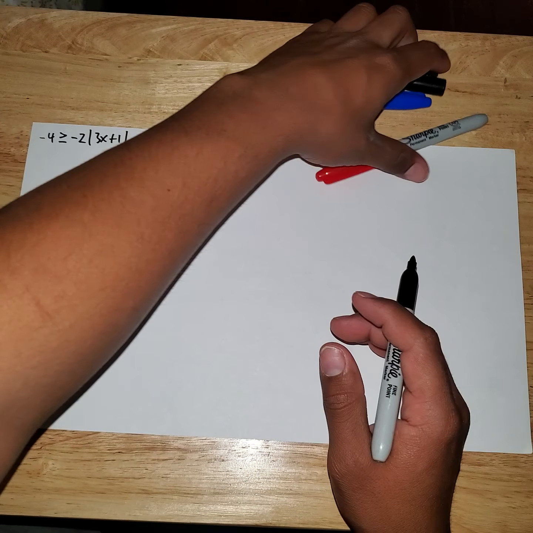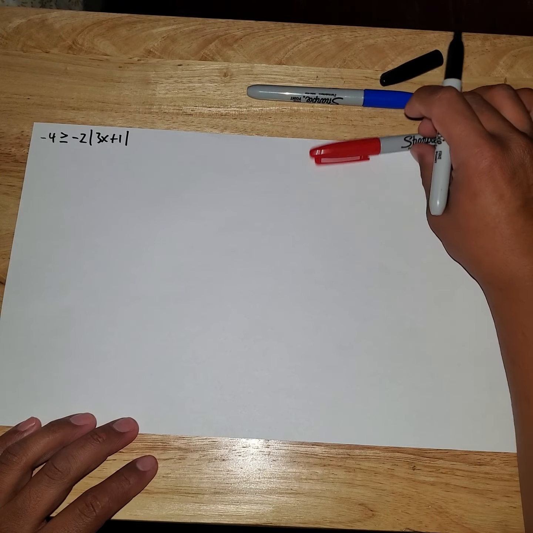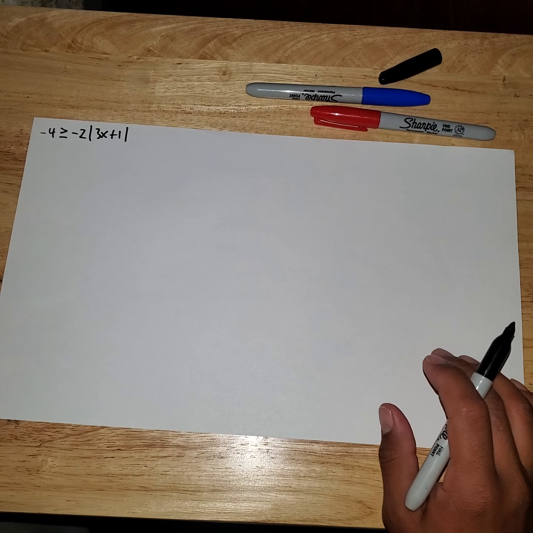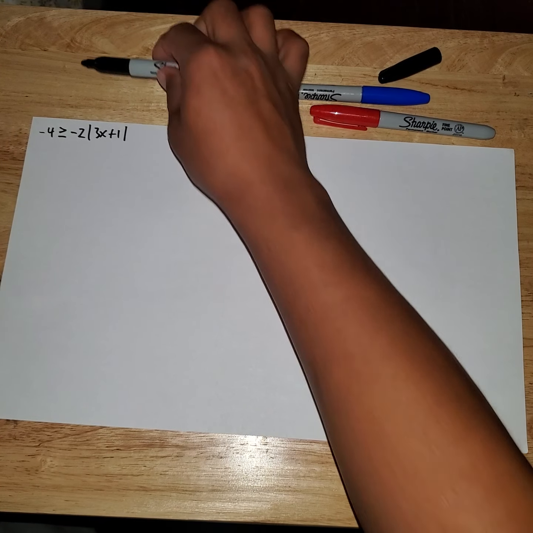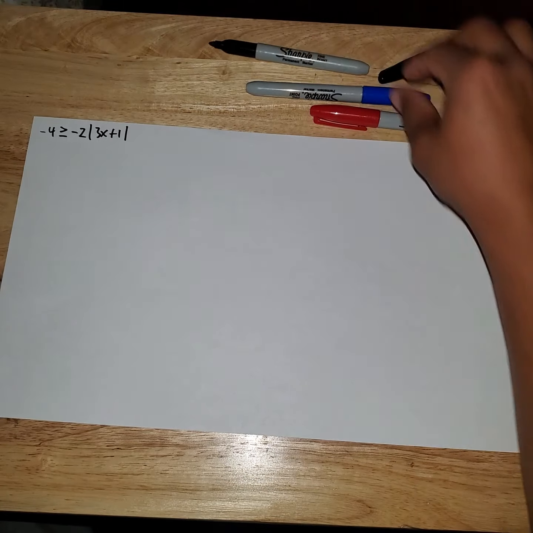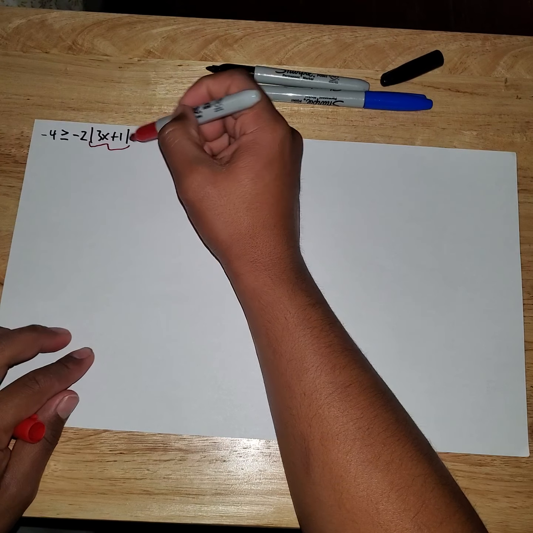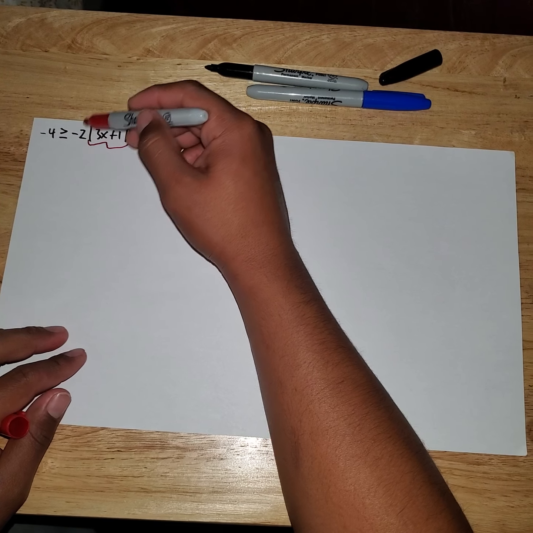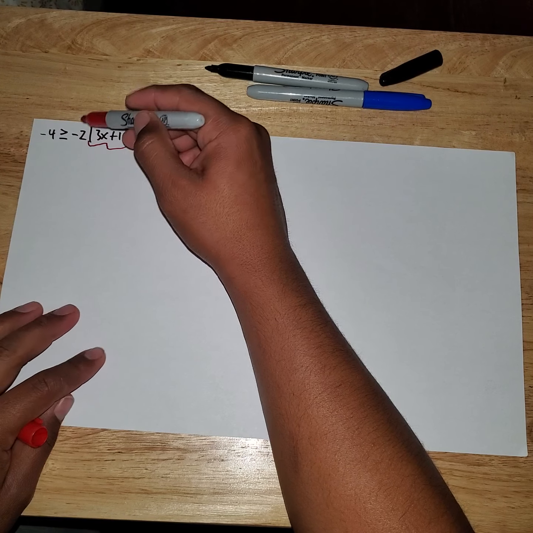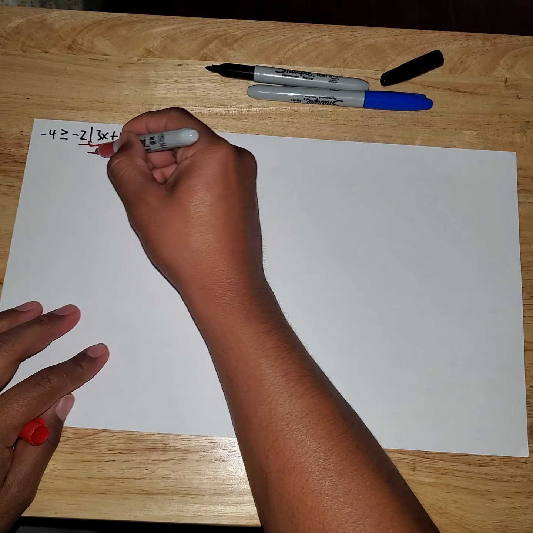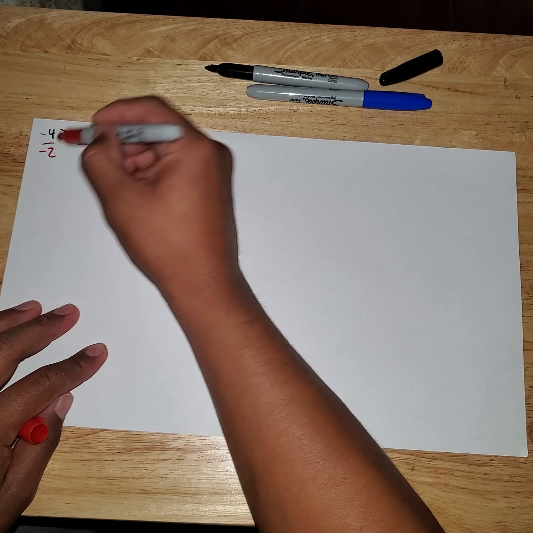Alright, so we want to isolate our inequality. So here's our inequality. The only thing in the way of this inequality is this -2. So I'm going to divide by -2 to both sides.